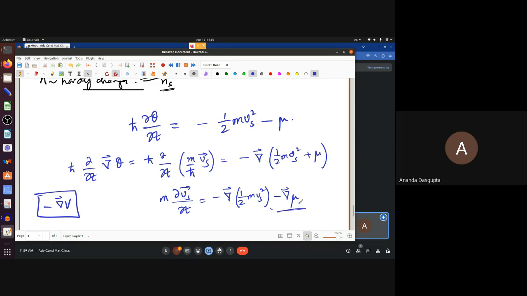Don't worry about the chemical potential. Just think of the fact that this is the potential energy for the system. Negative gradient of the potential energy. What is that?